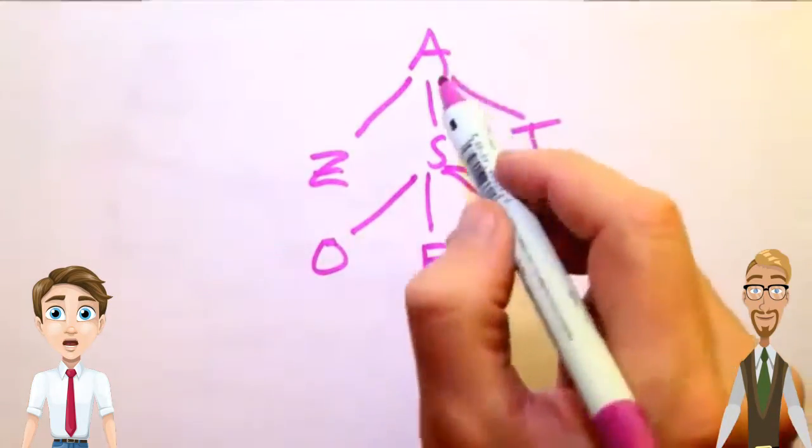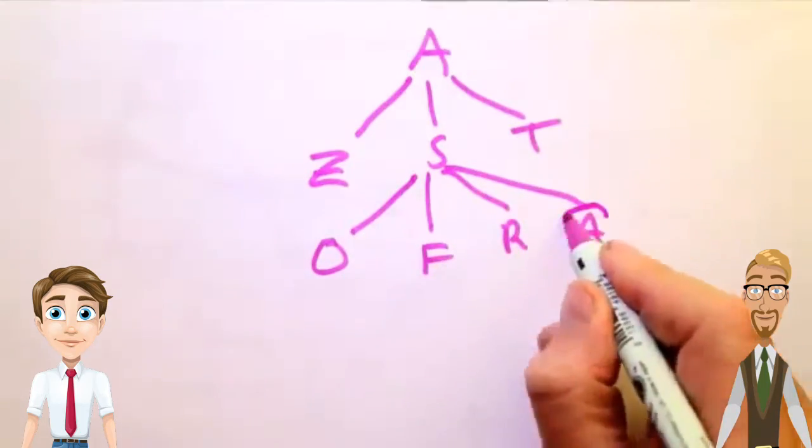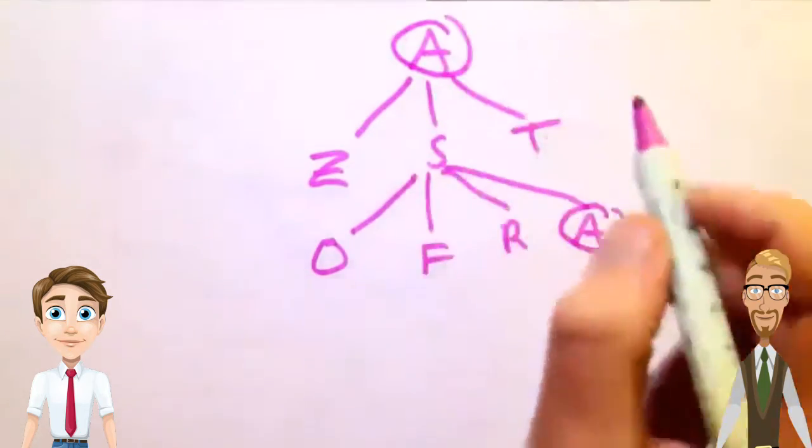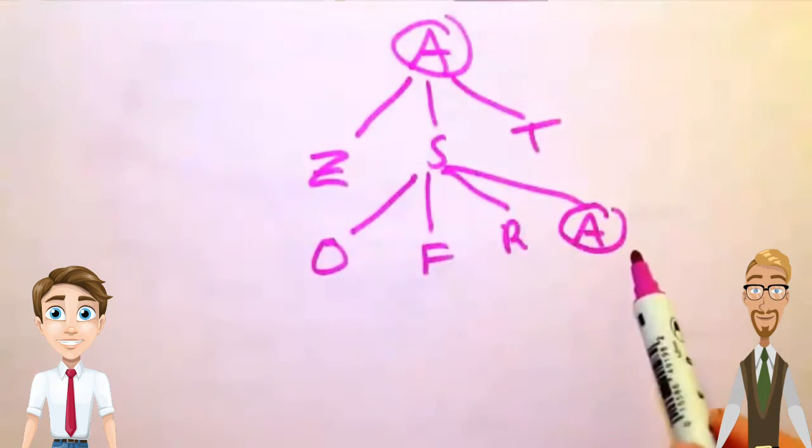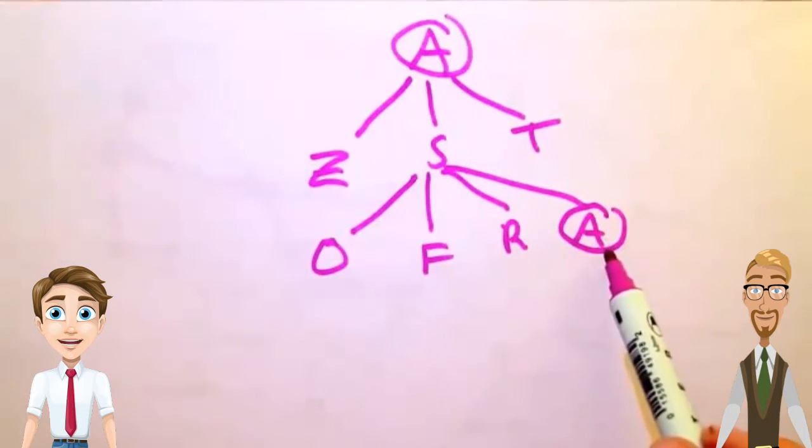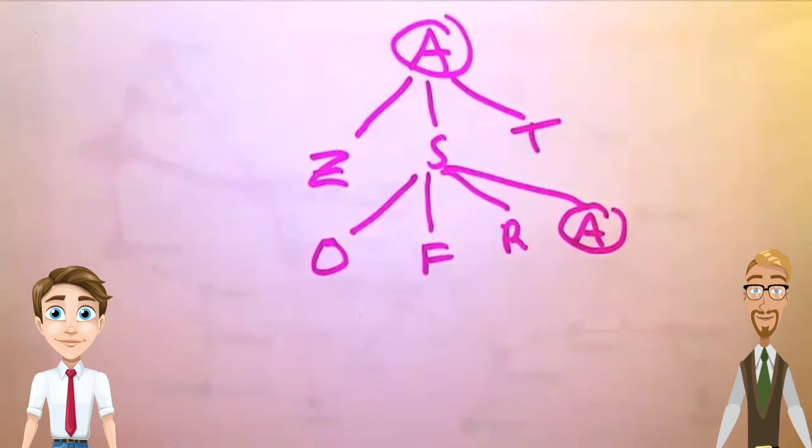But notice that we returned to the A state in the state space, but in the tree it's just another item. This figure shows a tree structure. The root is the node A. It has 3 children, node Z, node S, and node T. Node S has 4 children, node O, node F, node R, and node A.